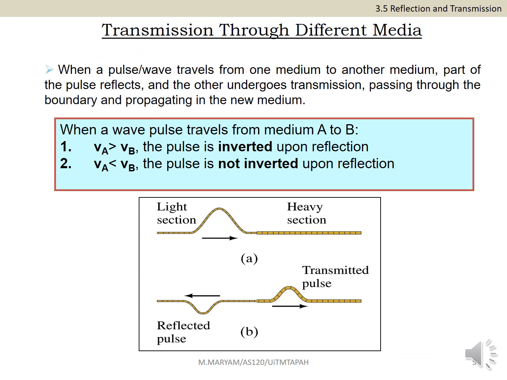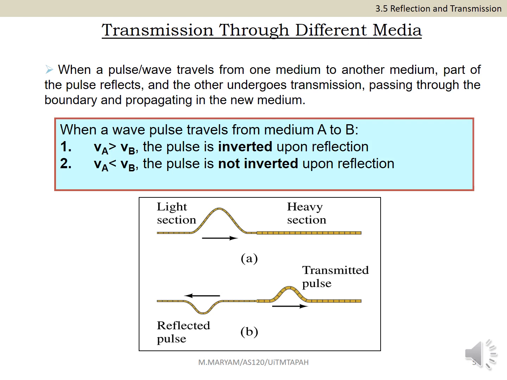Now, transmission through different media. As you can see in the figure, different media means that a pulse or wave travels from one medium to another, from the light section in part A to a heavy section. Part of the pulse will reflect and the rest undergoes transmission, as in figure B. Because of the different media, part of it reflects and part of it is transmitted, passing through the boundary and propagating in the new medium.